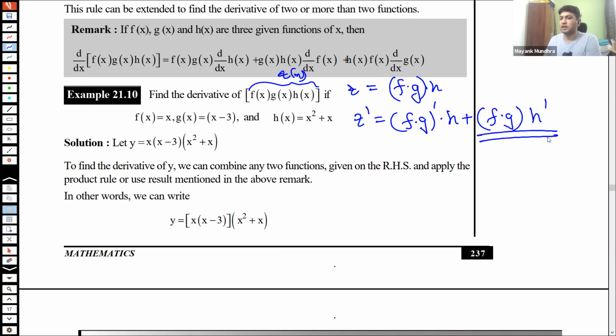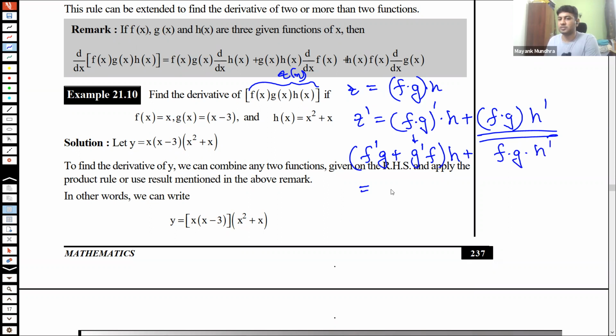Okay. Now this part is easy to evaluate. This part is something which will have again a bifurcation. So fg prime is f prime g plus g prime f times h plus f into g into h prime.